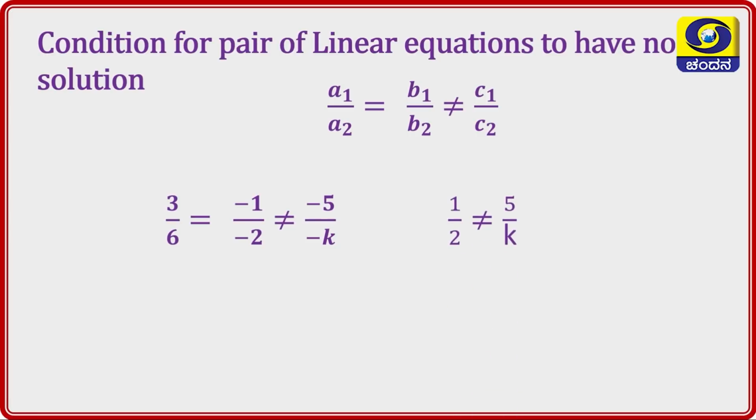Take any two values. Here minus 1 by minus 2 is not equal to minus 5 by minus k. On cancellation of minus signs, we get 1 by 2 is not equal to 5 by k. On cross multiplication, k into 1 is not equal to 2 into 5. Therefore, k is not equal to 10.